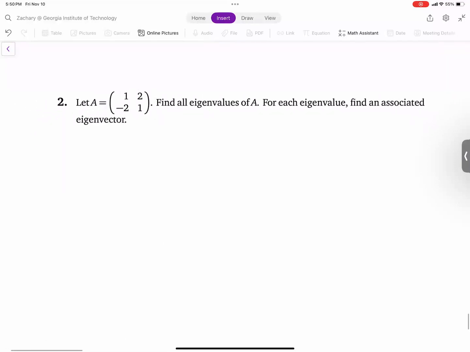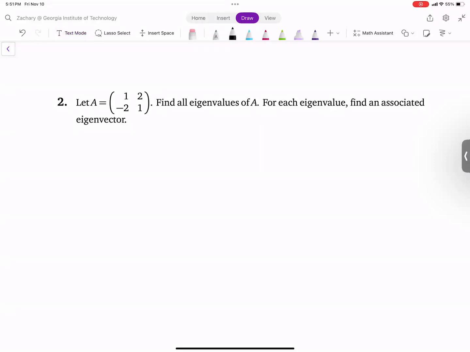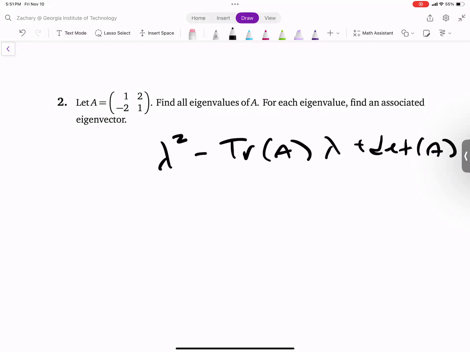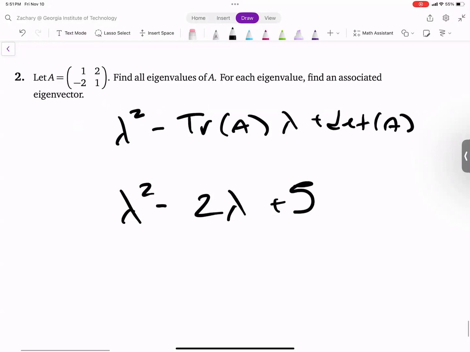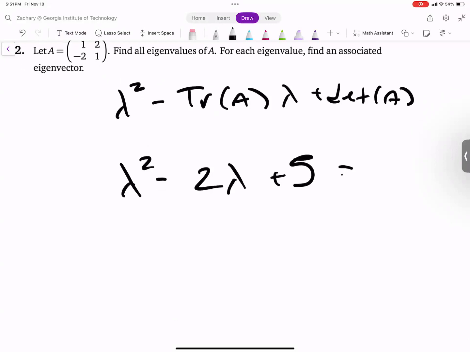This question asks to find all eigenvalues and eigenvectors of the following matrix. For a 2 by 2, what will always be the case is you'll always have lambda squared minus the trace of A times lambda plus the determinant of A. You can work out A minus lambda I and factor it out, but regardless, lambda squared minus 2 lambda, in this case, plus 5. From here, how do we solve a quadratic equation equal to 0?